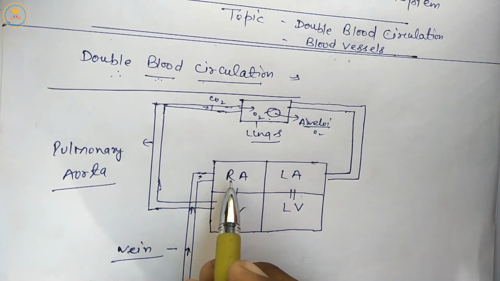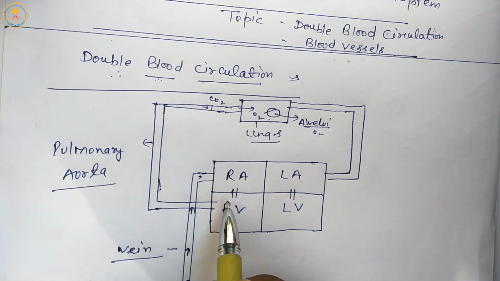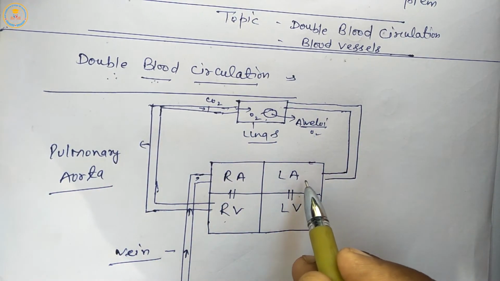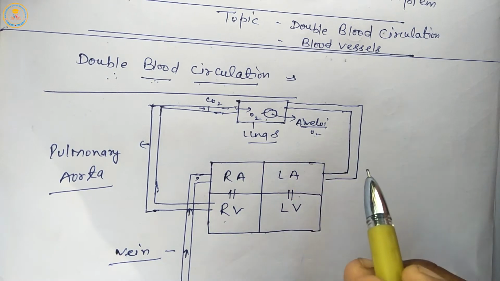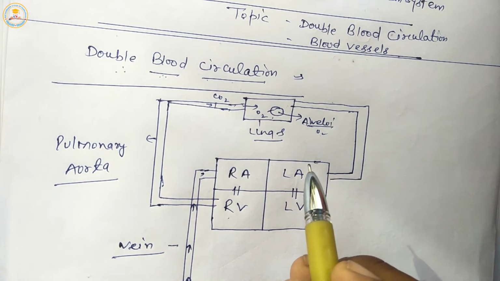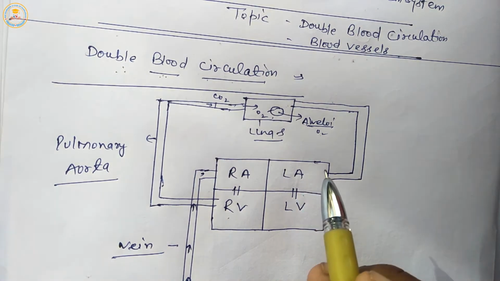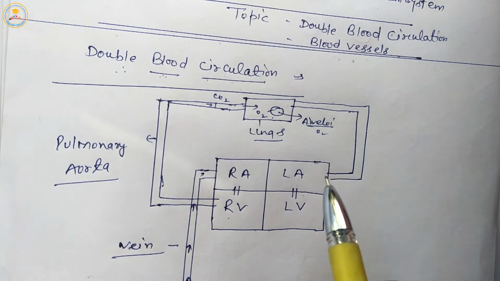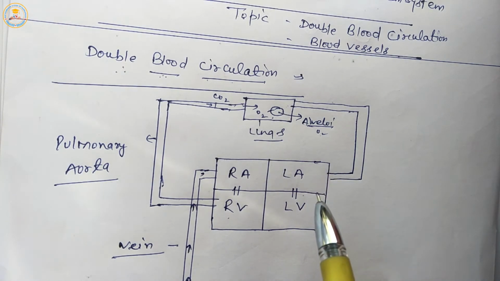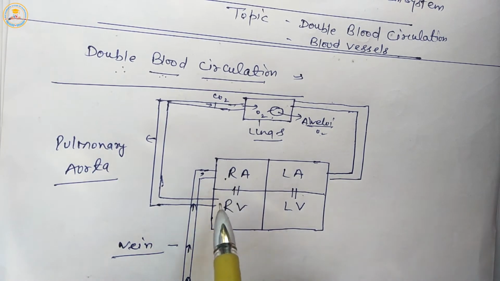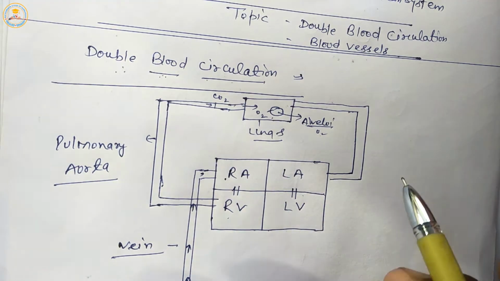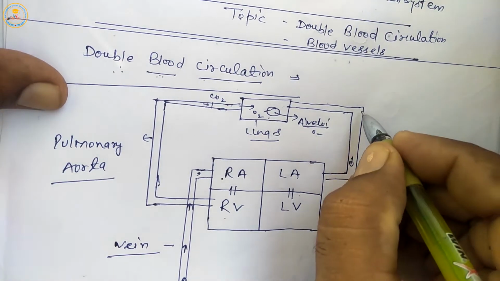First impure blood enters, and again the same blood enters the left auricle, but this blood is pure blood. So in humans the blood circulation is double blood circulation, because to complete the circulation in the body, blood has passed through the heart two times.